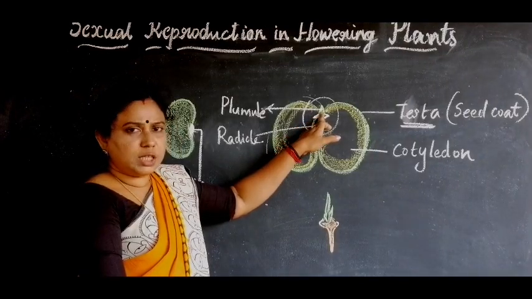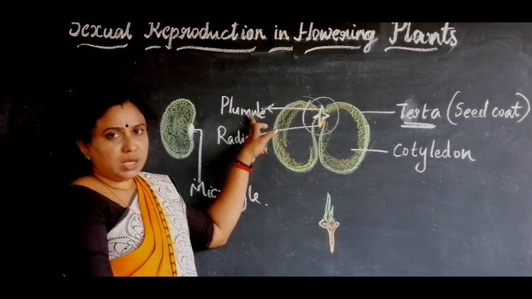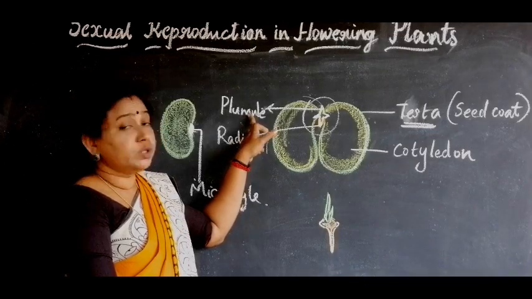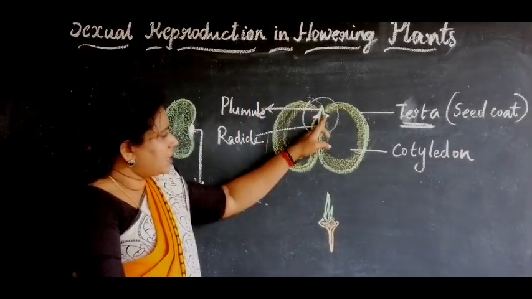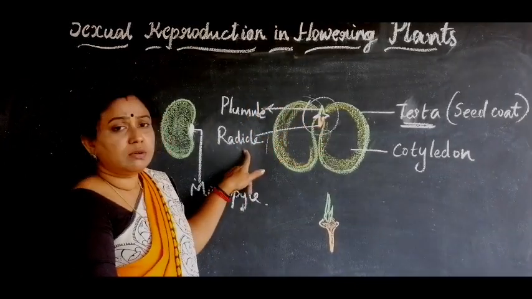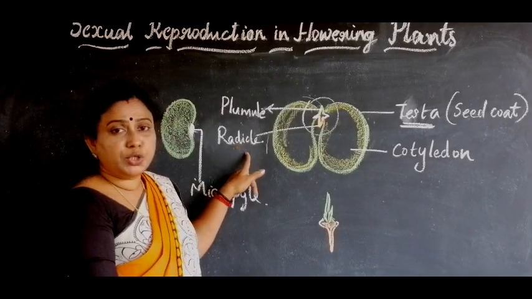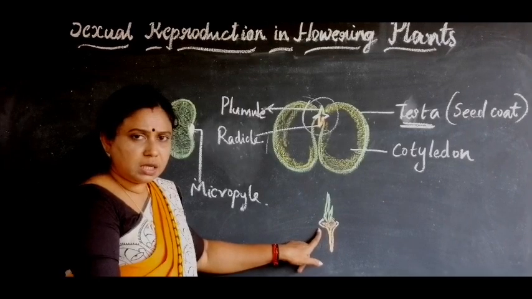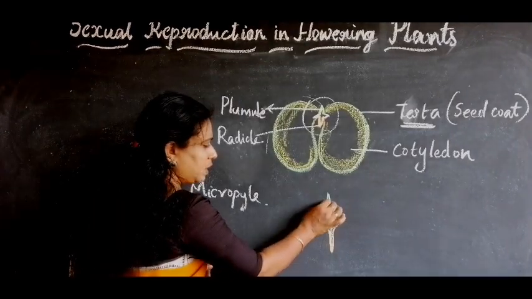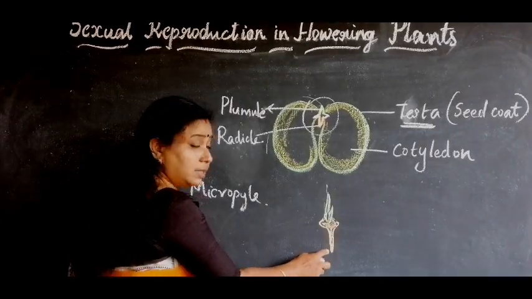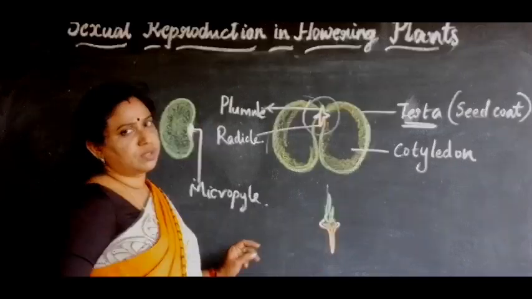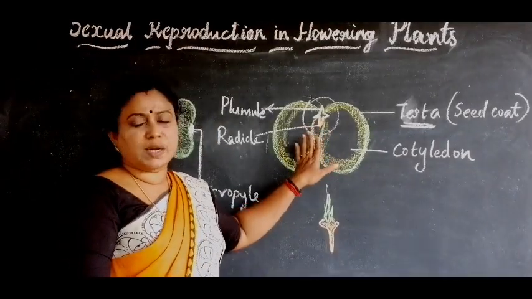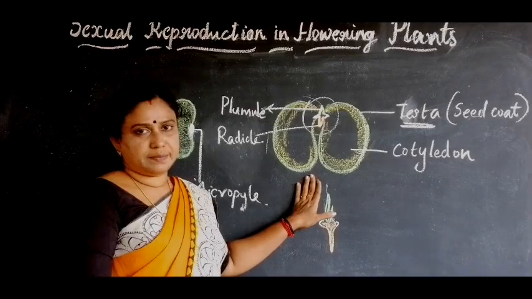One tip is called the plumule, which develops into the future shoot, and the other end is called the radicle, which develops into the future root. So, this is the structure of a seed.